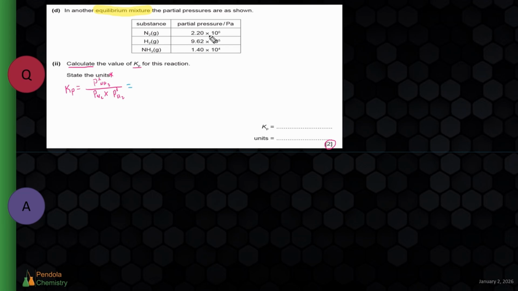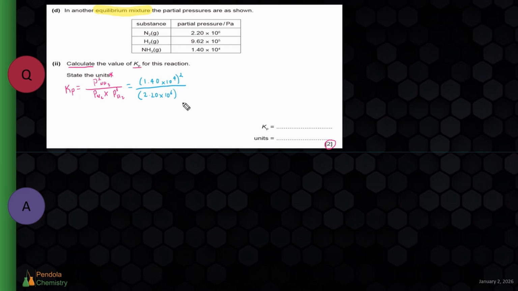However, the only difference is that these are going to be in pascals instead of moles per cubic decimeter because we're working with partial pressures. So the P of NH3 here is 1.40 times 10 to the fourth, so we put 1.40 times 10 to the fourth squared, because this is P squared, over P of N2, which is 2.20 times 10 to the 6 to the first power.